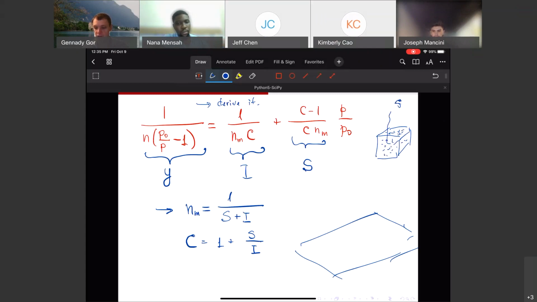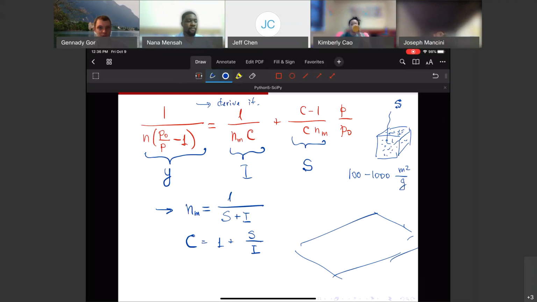And the values are quite impressive. The values for surface area could be hundreds to thousands of square meters per gram. So 1 gram of material giving you several hundred square meters of area, like a soccer field.